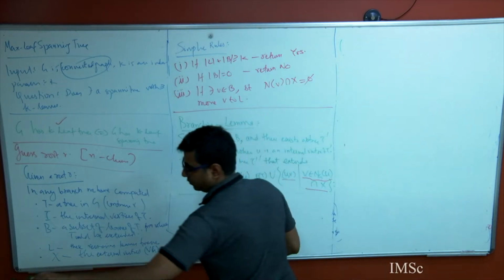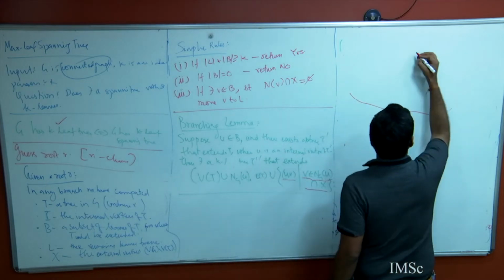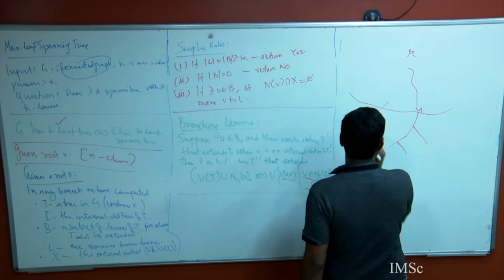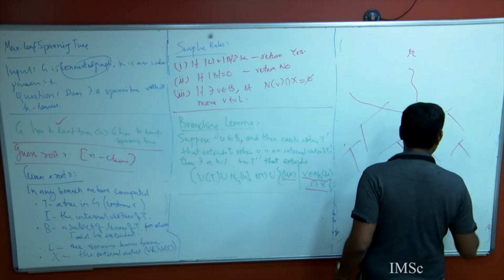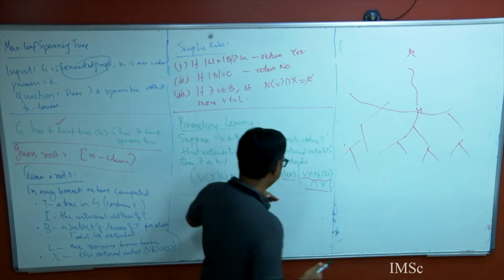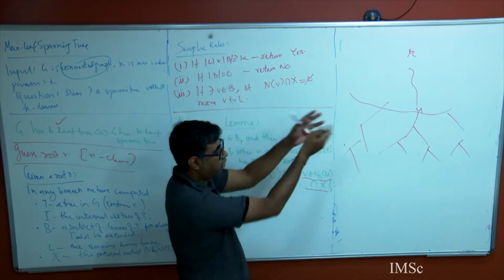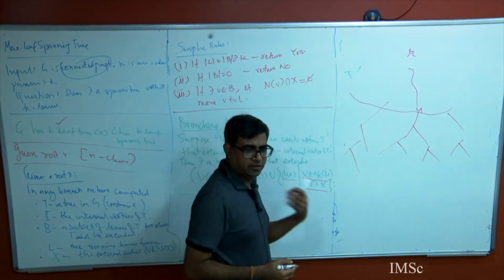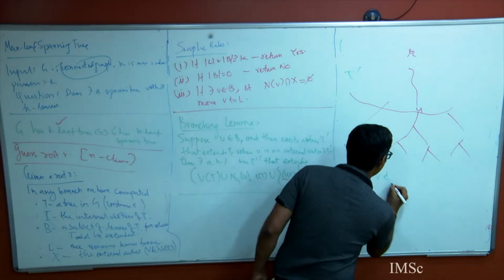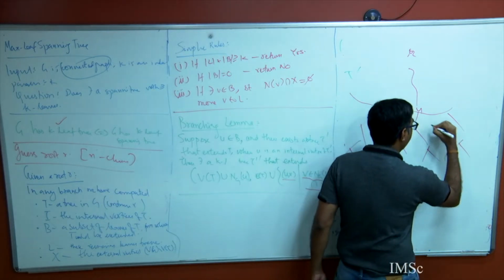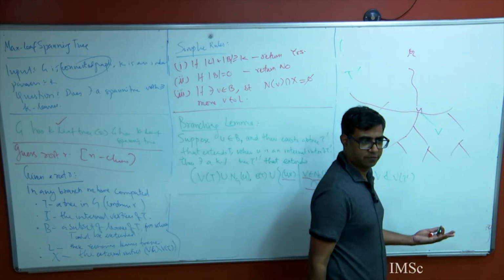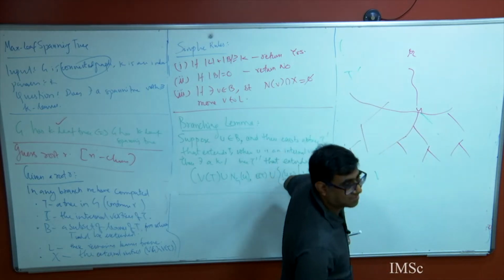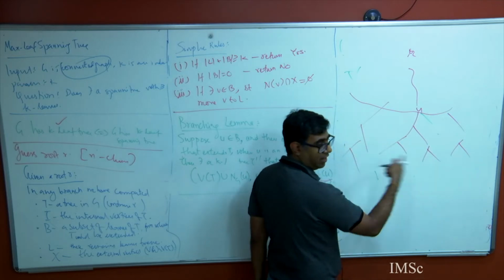Here is R, here is U. If there is some V which is not part of V(T prime) at all, then I can add this edge, great for us. Now notice, because this T prime extends T, V has to be somewhere here.